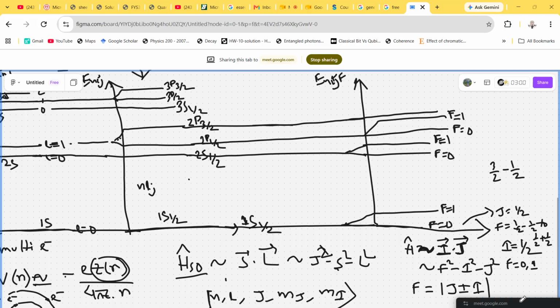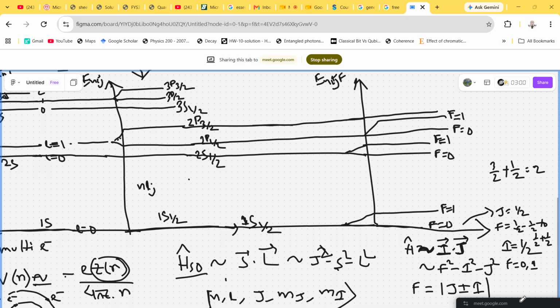So F goes from J minus half to J plus half.